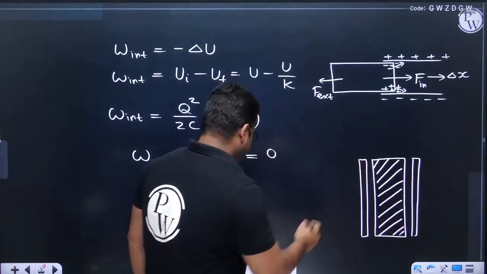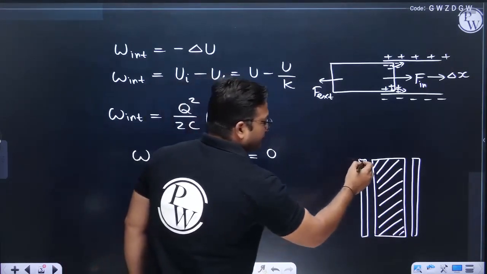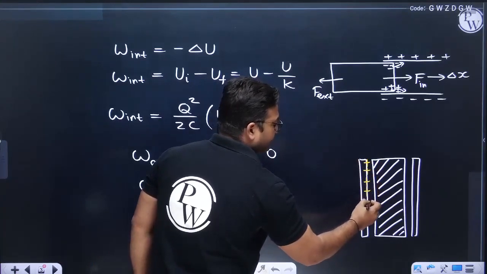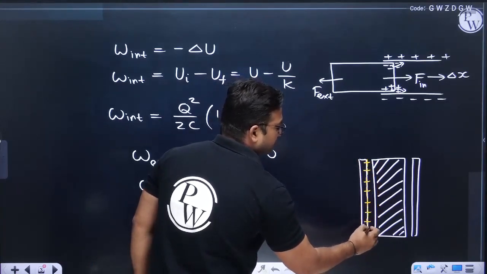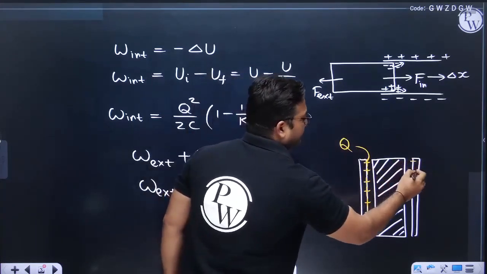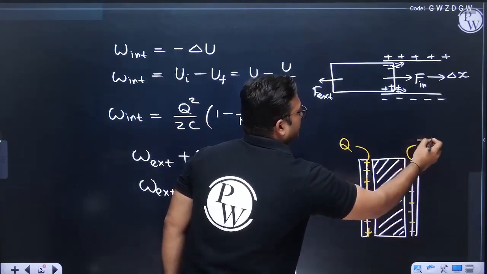And here you can see, if this is the positive plate, on the positive plate we have positive charge, let's say Q. On the negative plate we have negative charge, let's say minus Q.